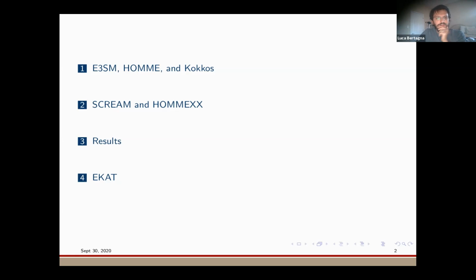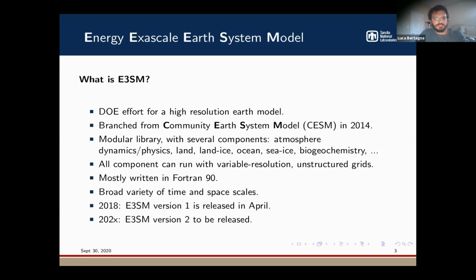developing to support E3SM. So E3SM, most of you know it, but just in case, is the Energy Exascale Earth System Model. It's a big DOE effort for a high-resolution Earth system model. It's modular with several components: atmosphere, land, oceans, sea ice, and more, which can all have variable resolution and usually go on unstructured grids, mostly written in Fortran 90.